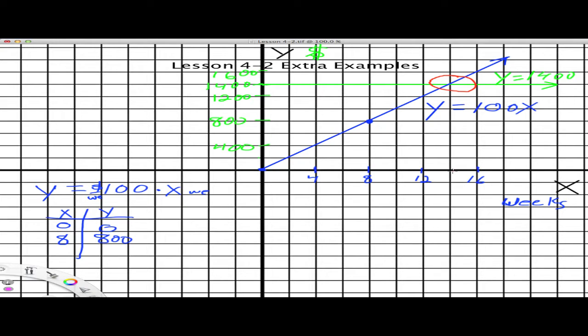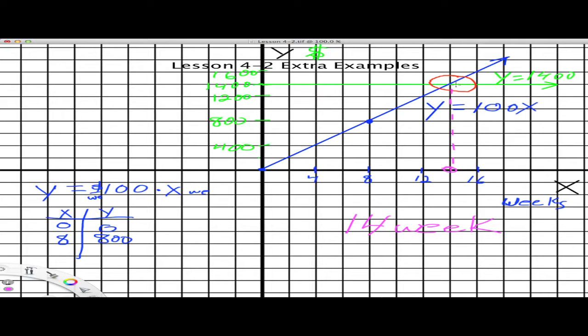Because that was the question, how many weeks before he runs out of money? And we see we drop down and we're right here, and our answer is that he runs out of money in 14 weeks. So this is our graphical technique for solving this type of problem.